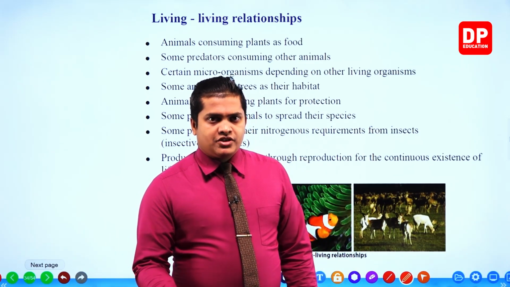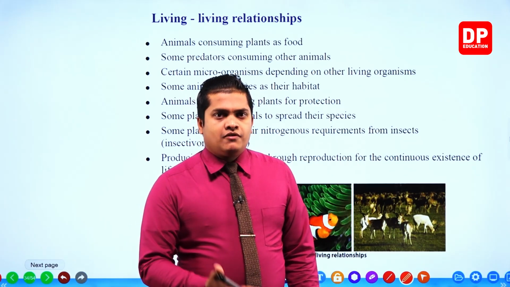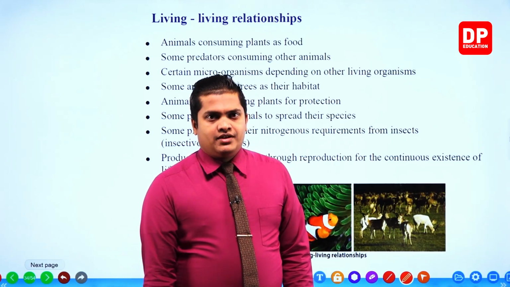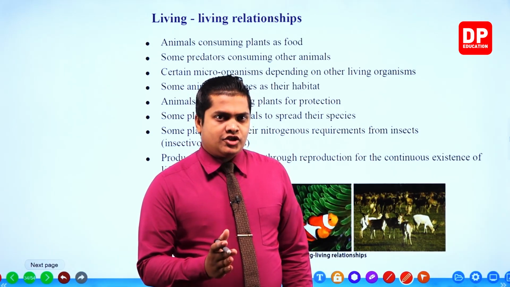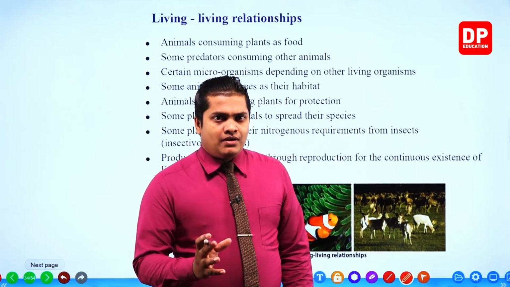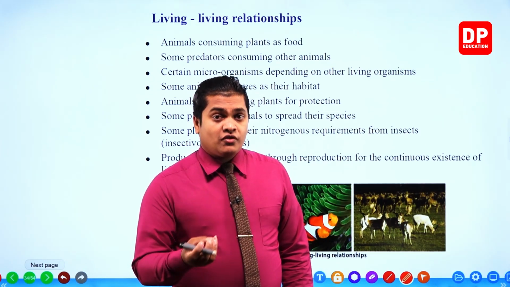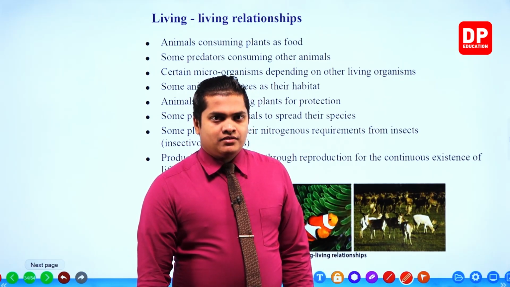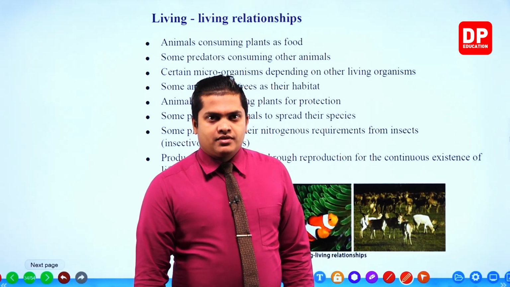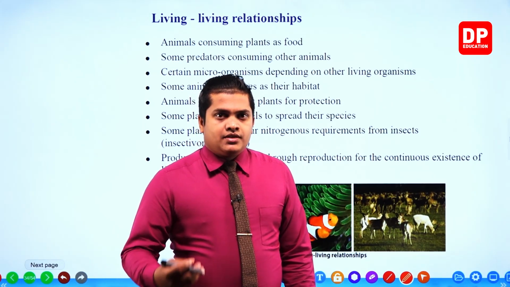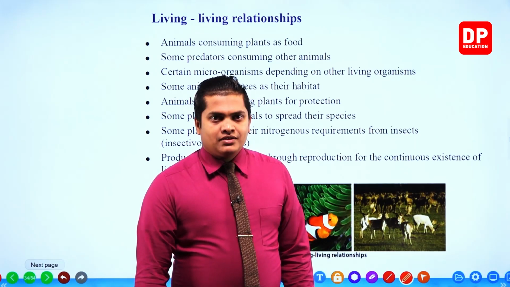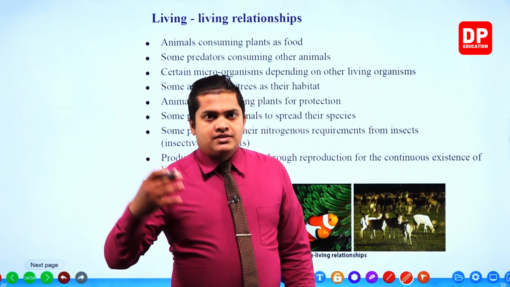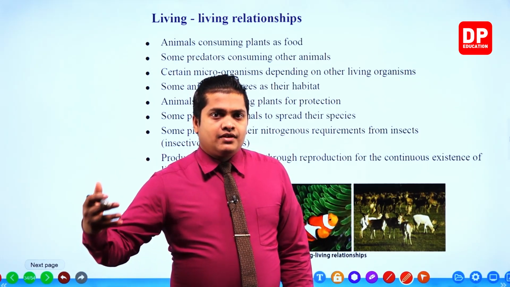Because of the competition, a large number of plants will die and only a few will live. To avoid that condition, my dear children, the fruit of the rambutan plant is edible. So animals like bats, and even humans and monkeys, will eat the rambutan fruit, and the seed will be dropped in a different place.